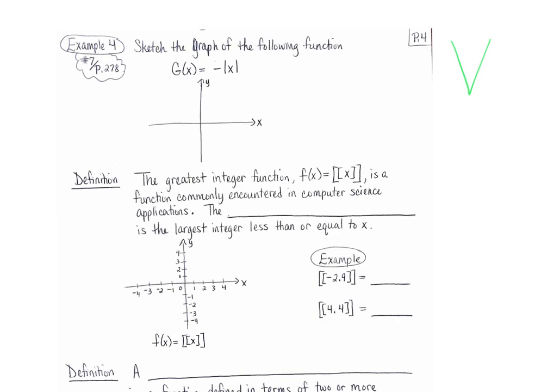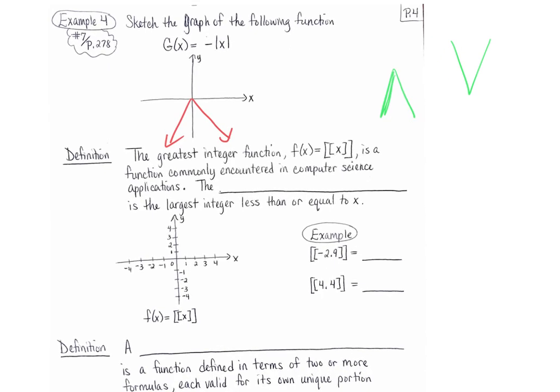It's an upside down V. Why is it going to be an upside down V? Because it's negative. You're absolutely correct. So it's just like that. Very good. That's -1 times the absolute value of x. That's the graph. Excellent.